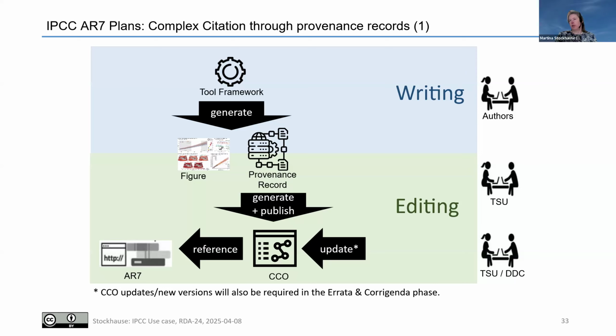It's referenced in the figures, and we might have to update it. One reason is that the data might be archived a bit later, so that we have to replace a URL by a DOI. And if in the errata corrigenda phase an error is identified in a figure, then we might have to reproduce the figure or regenerate the figure with all the implications on the data and the complex citation. So we might end up having to version it.